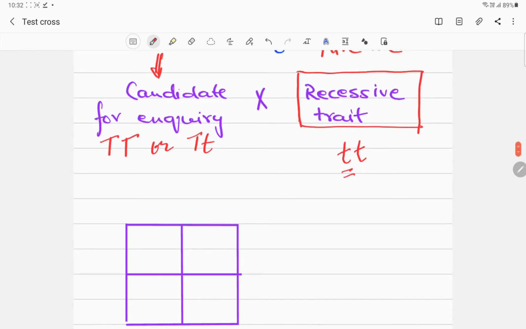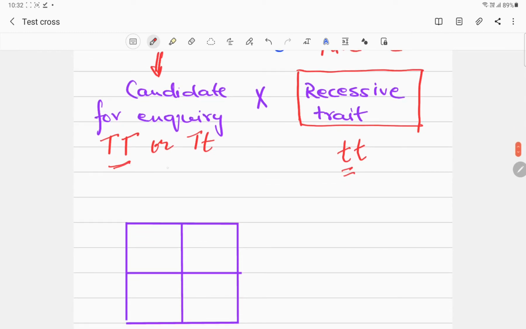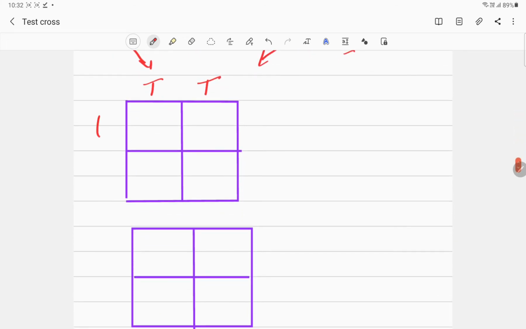So let me assume that my candidate is homozygous dominant and I'm crossing with a recessive trait. Let's fill the first table for this assumption. Let me write capital T here, because these are the gametes. They represent the genotype of the gametes, and I'm writing the gametes for the recessive trait onto the sides, which is small t, and let's fill up the Punnett square.